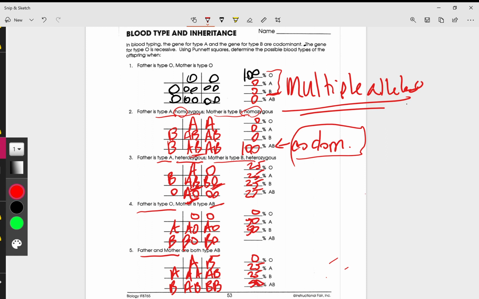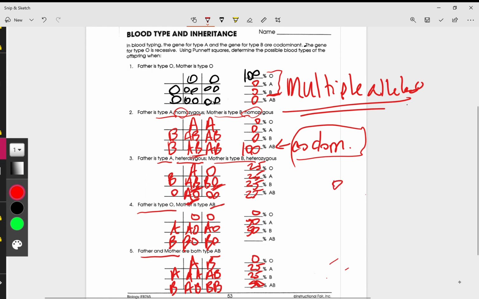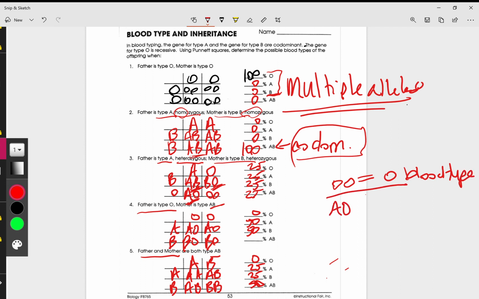Okay. So remember, if I have O blood, this is what my alleles look like. This is equal to O blood type. That is the only way you can have O blood. If I have AO or AA, that's how I have A blood type.